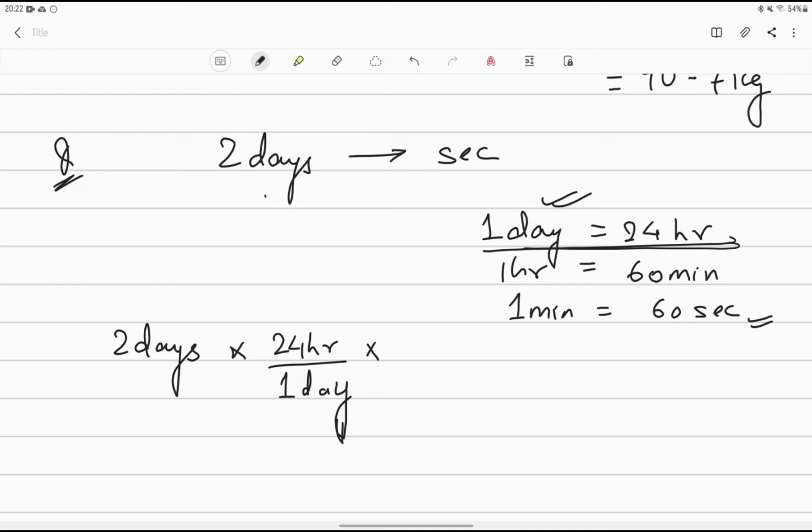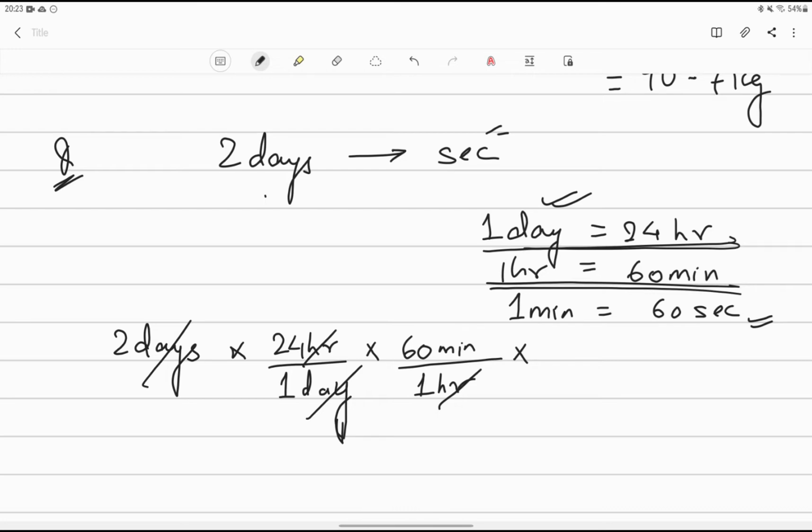Alright, then day will get cancelled, fine, but now we have hours, and we want it in seconds. So here we have another conversion factor. Again, for cancelling out the hour, I have to keep the minute in the numerator and hour in the denominator. So hour gets cancelled. But now I have minute over here.